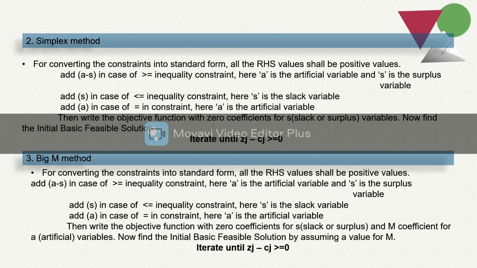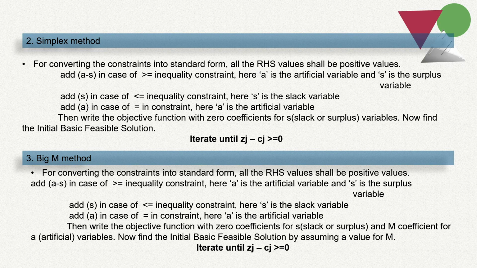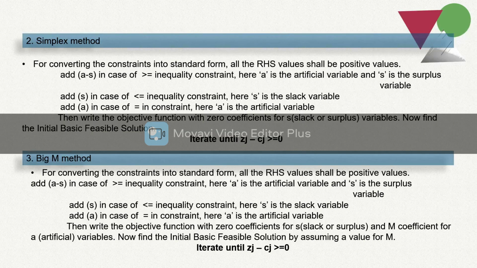Here s is the slack variable. Add a in case of an equality constraint. Here a is the artificial variable. Then write the objective function with 0 coefficients for all the slack and surplus variables. Now find the initial basic feasible solution. Iterate until Zj minus Cj values are greater than or equal to 0.